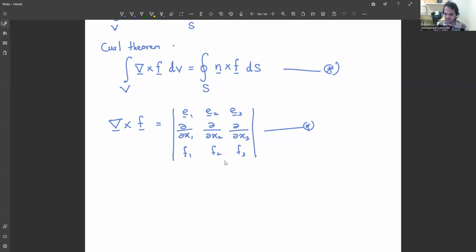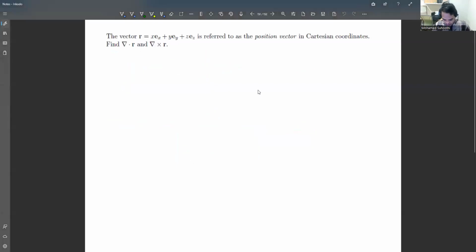But here I have selected two problems: one is the normal problem, another one is the physics-based problem, where we are going to apply these things in our physics case, right?